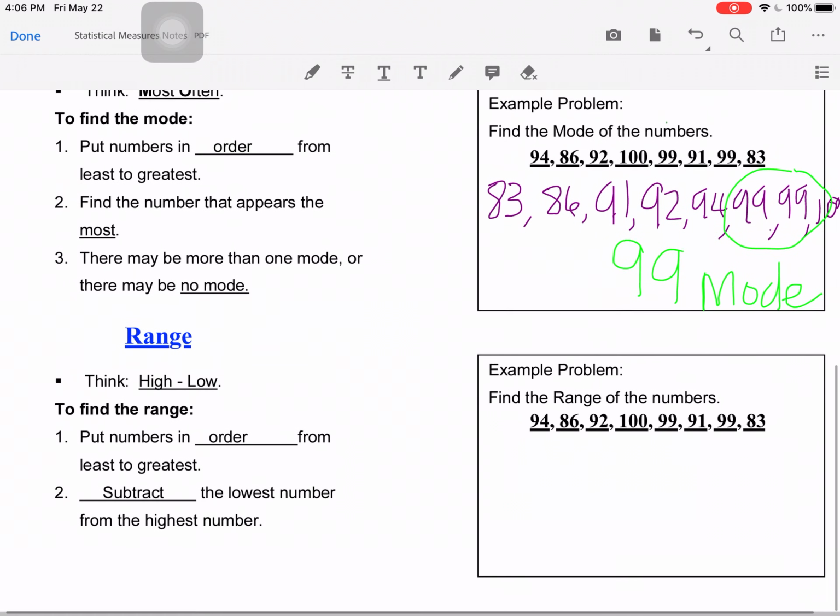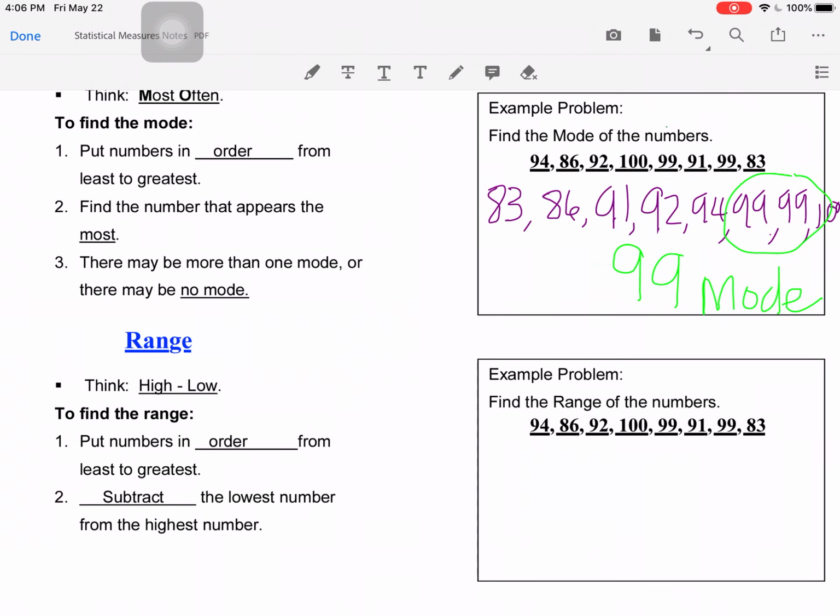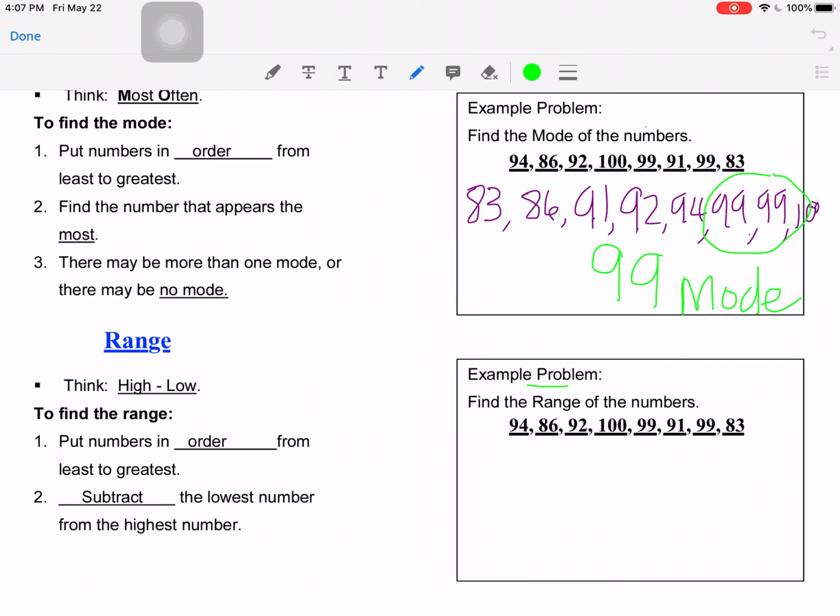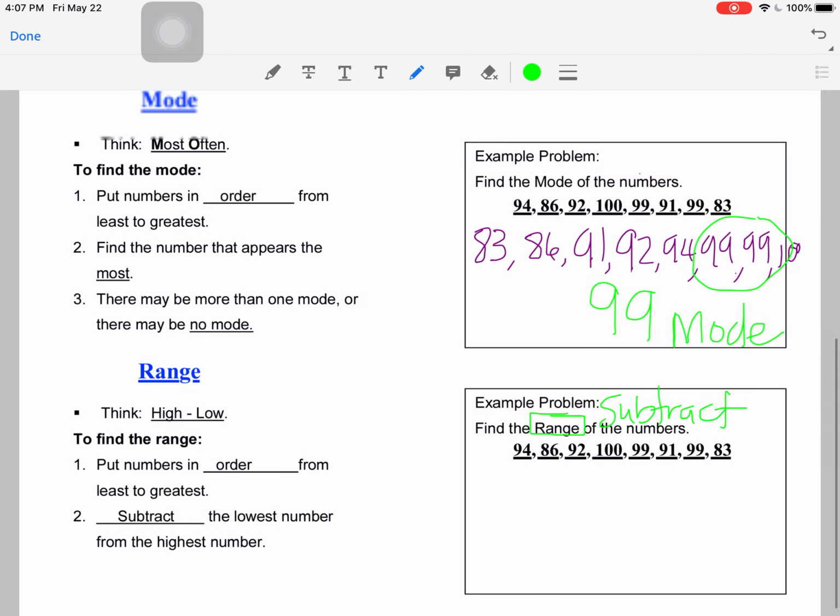And then finally, our range is called a measure of variation. It tells us how spread out our data is. So when we find the range, we're going to put the numbers in order from least to greatest, and then we're going to subtract the lowest number from the highest number. So range means that we subtract. Right, so order them from least to greatest.